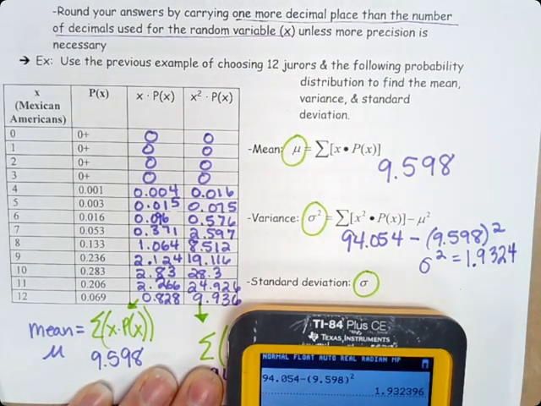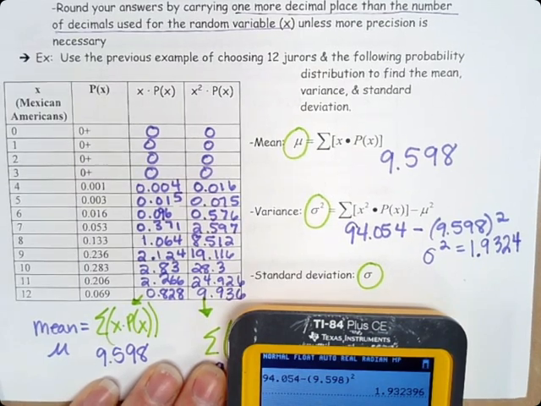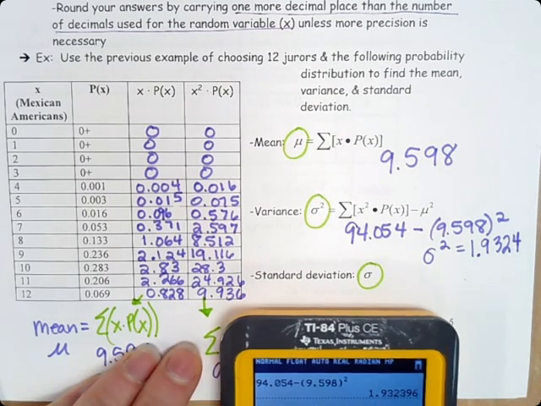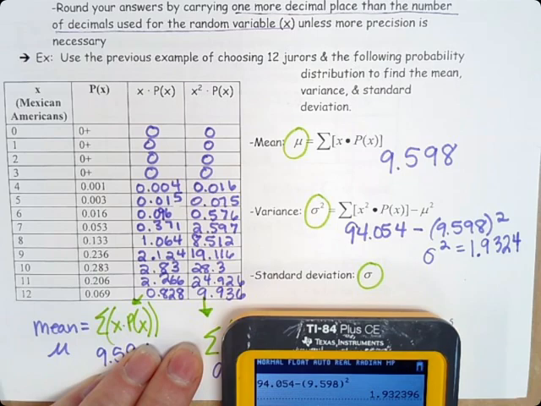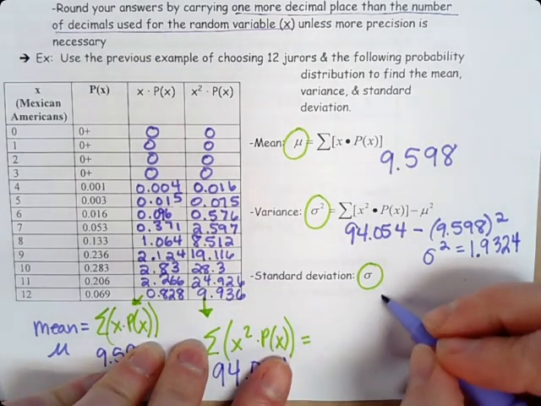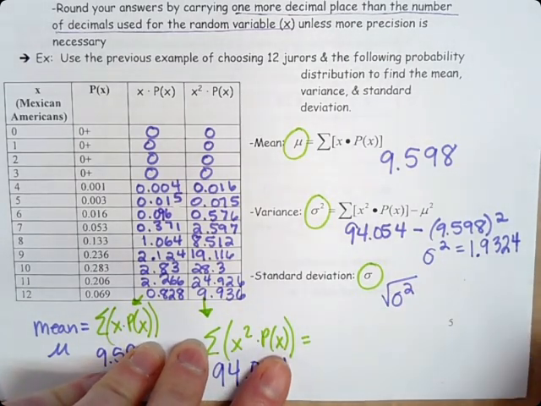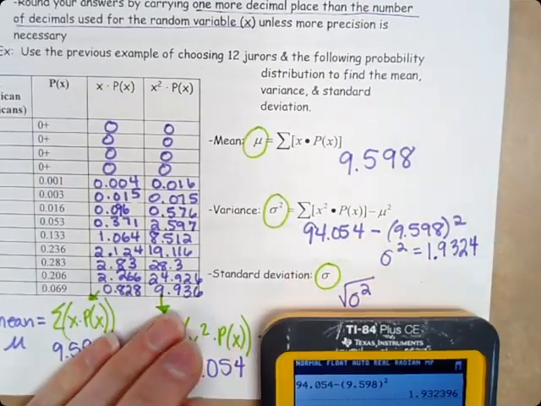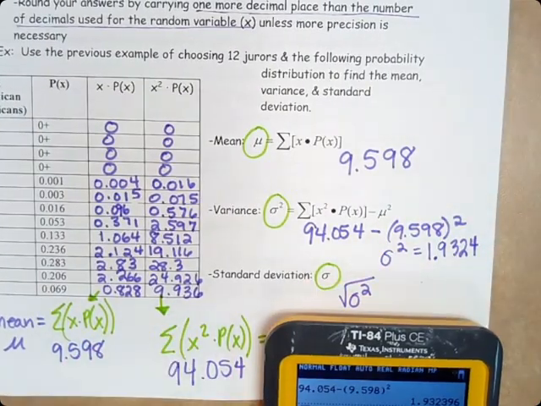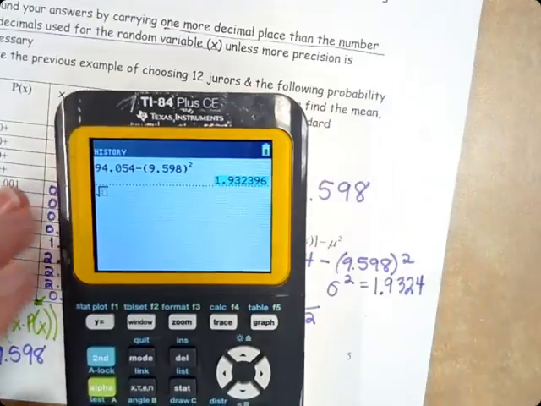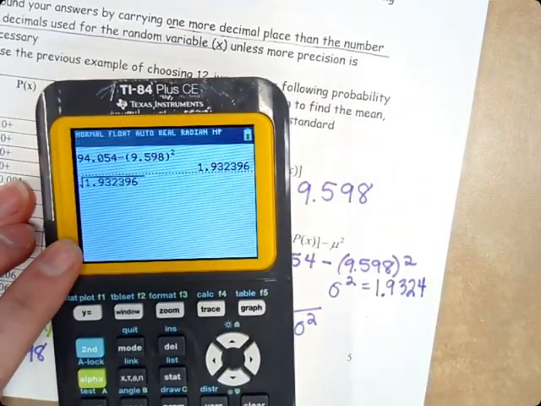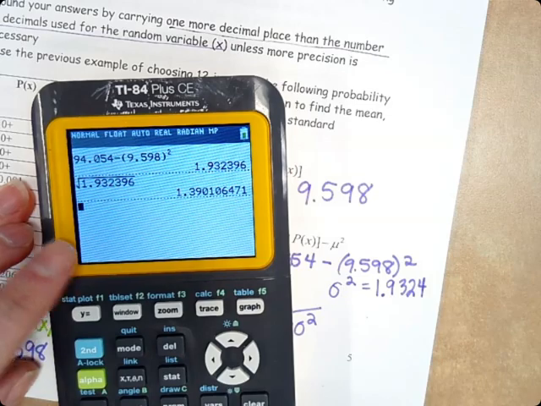Y'all agree? Okay, and then our standard deviation is found by taking the square root of the variance. So what we can do is we can do square root and then go up here and click on that number to bring it down and hit enter.